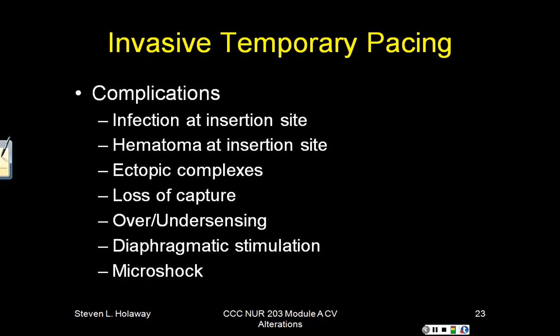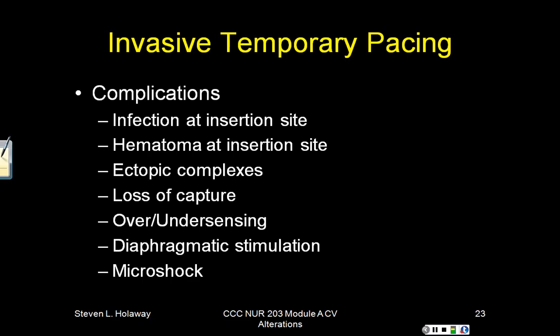So, as we look at invasive temporary pacing, typically transvenous pacing is what I'm more concerned about. Here are the biggest problems that we'll see. Of course, you can have infection at the site if it stays in long enough. You always have to worry about infection anytime you break the skin. You can also get a hematoma at the insertion site, especially with the subclavian approaches.